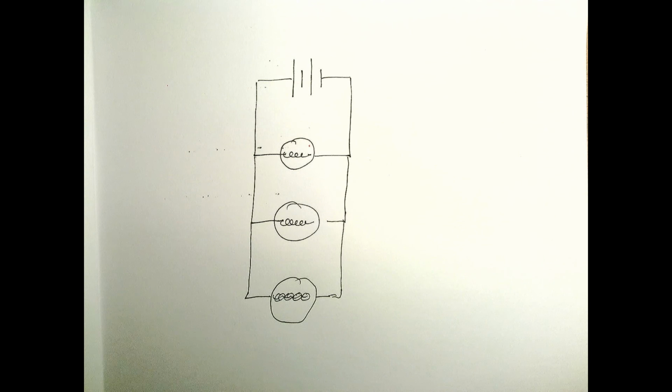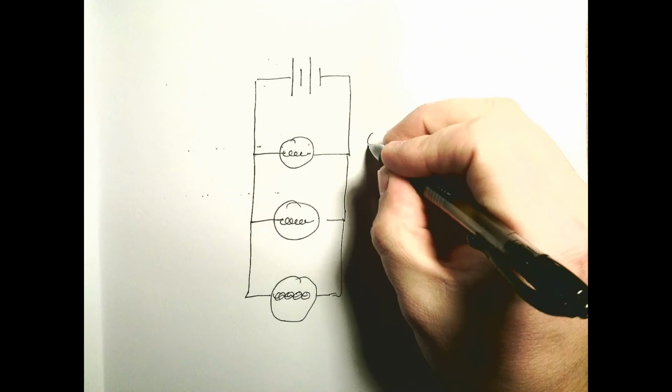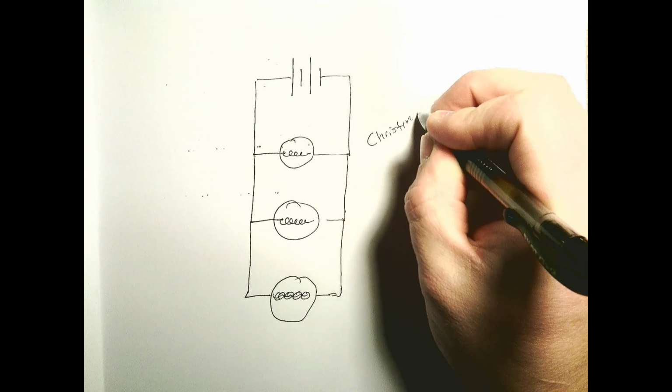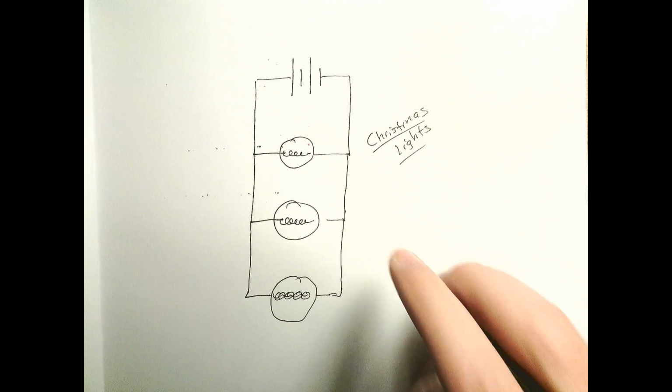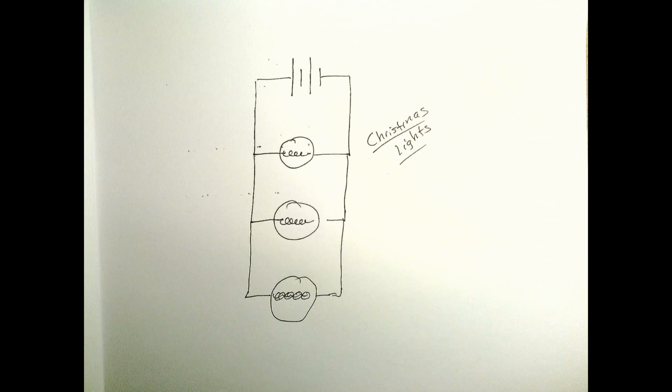But now lights are made so that if one bulb goes out, the whole strand stays lit except for that one bulb, and you can quickly change it. Christmas lights are now lit in parallel so that it saves us lots of pain.